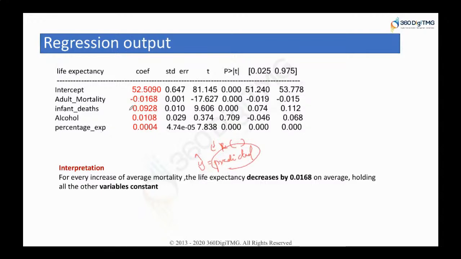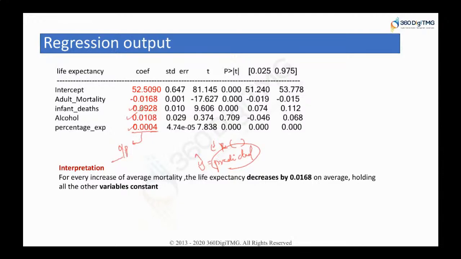If you see here, this is positive, positive, positive. But if you see this percentage expenditure, it is very, very low, 0.004, very least. Maybe this is having very little effect on your output. What is that output? Life expectancy. Right?